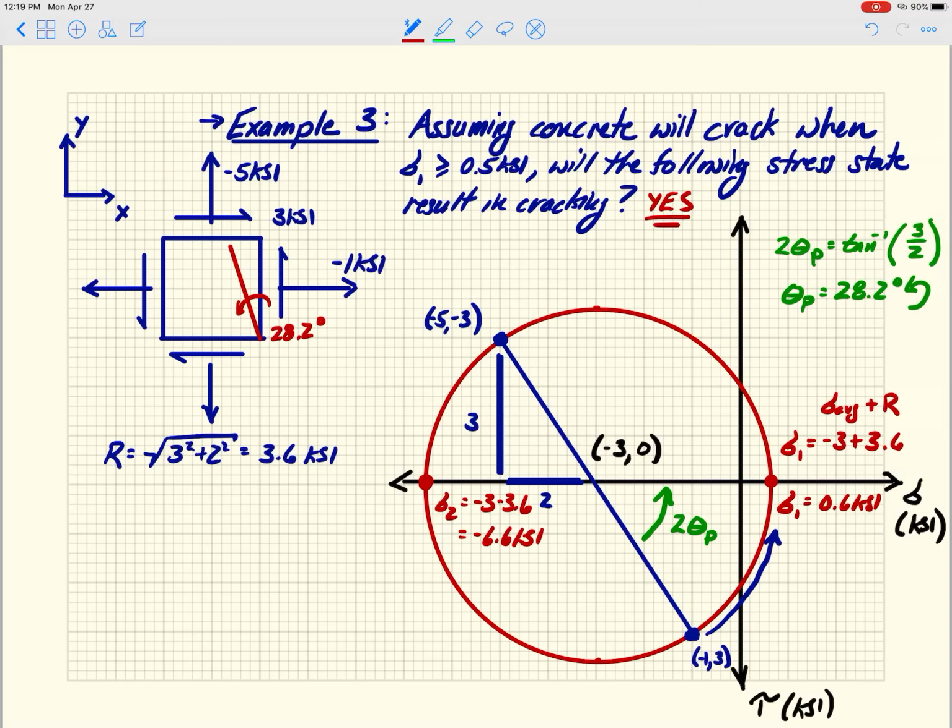So let me draw that now in the lower left. It's going to look something like this, where this particular angle is 28.2 degrees.